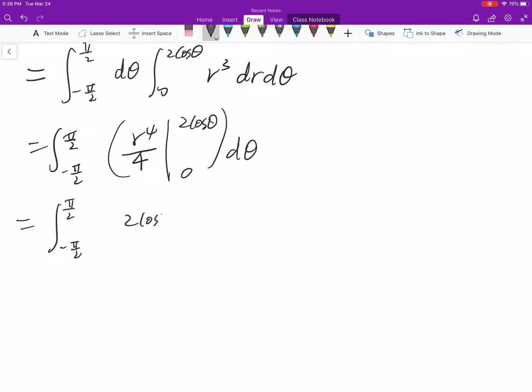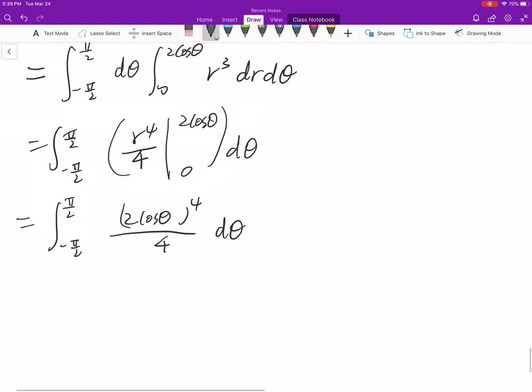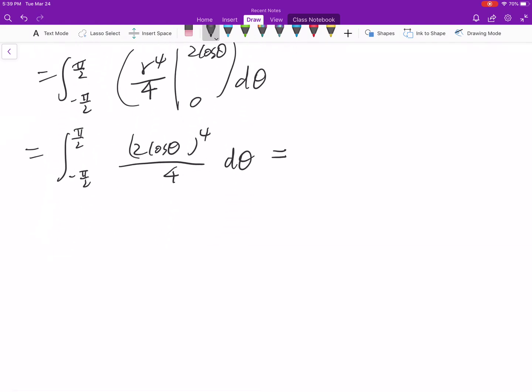So you plug in, you have this. We can simplify a little bit, get rid of the denominator. So you have 4 cosine theta to the 4th.